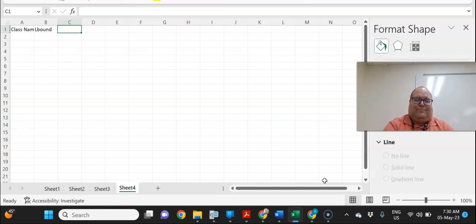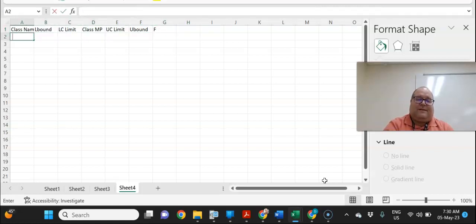The lower class limit, class midpoint, upper class limit, and upper bound can go here, and then we have our frequency.